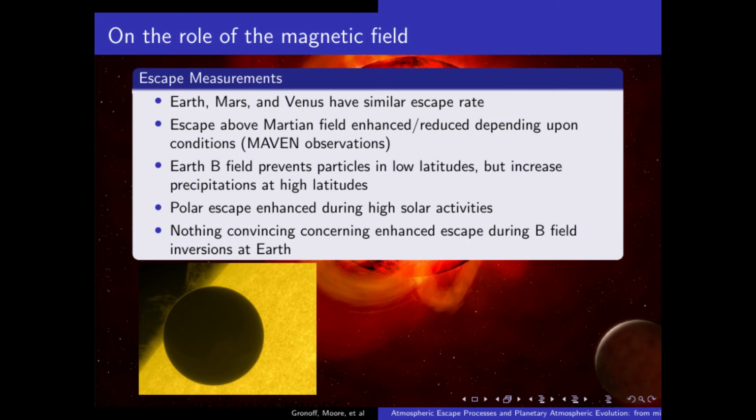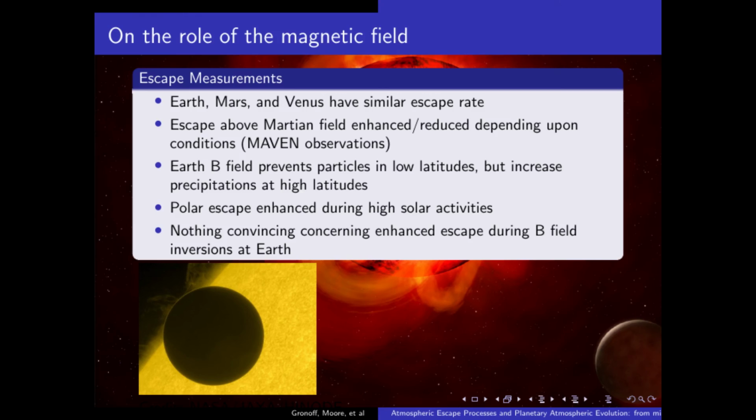Let's go into more details. When we make measurements of the escape rate with satellites like MAVEN or Venus Express, we see that Earth, Mars and Venus currently have similar escape rates. And when the MAVEN satellite goes above Martian crustal fields, it can see some enhanced or reduced ion escape depending upon the conditions: day or night, strong or low solar activity.